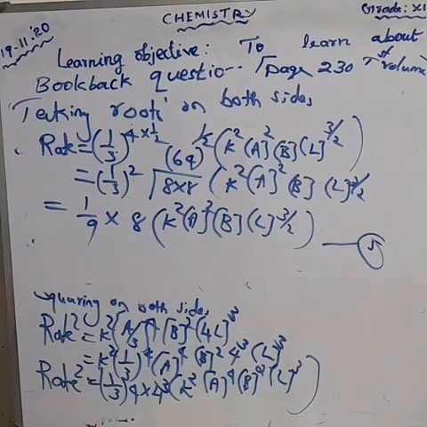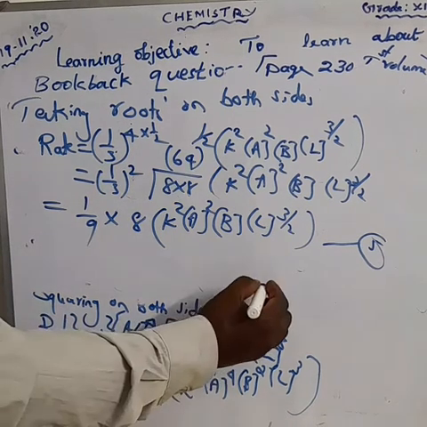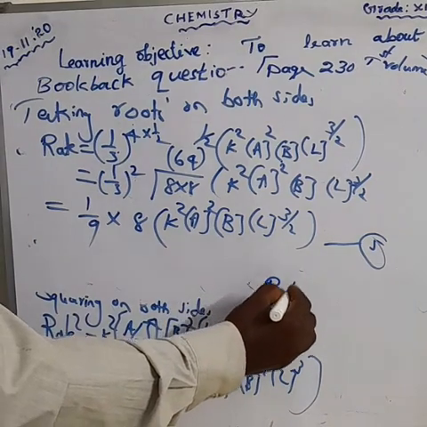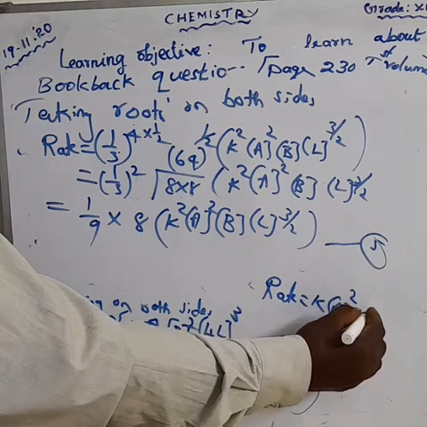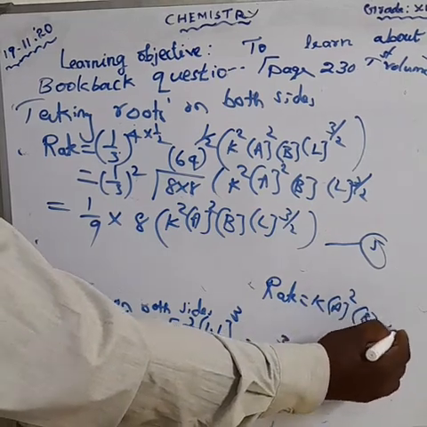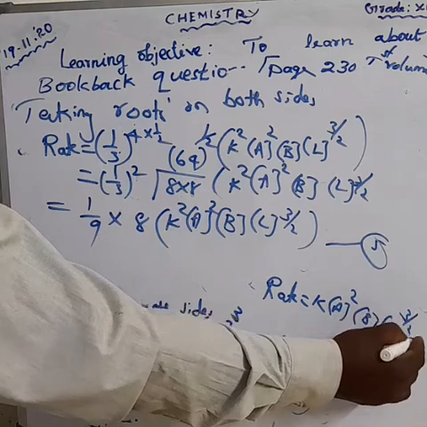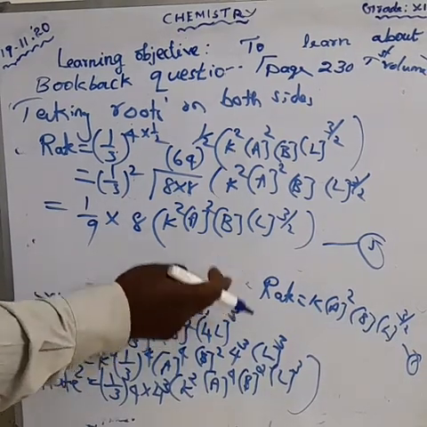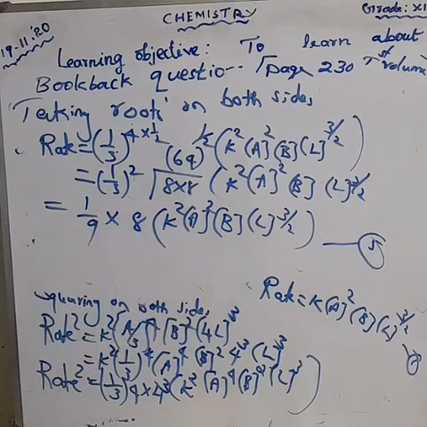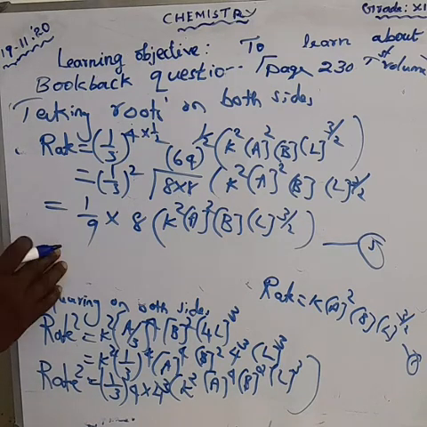Already I wrote equation number 1. Anybody remember equation number 1? That is rate is equal to K A square B L 3 by 2. This is equation number 1. On comparing equation 1 and 5, what can you say? What is the change here?